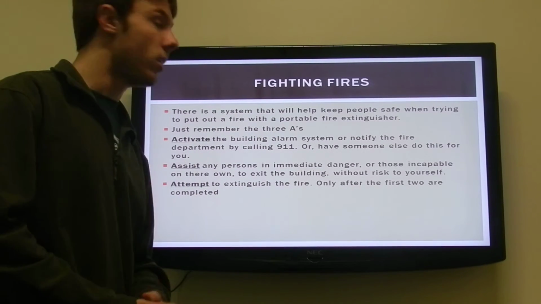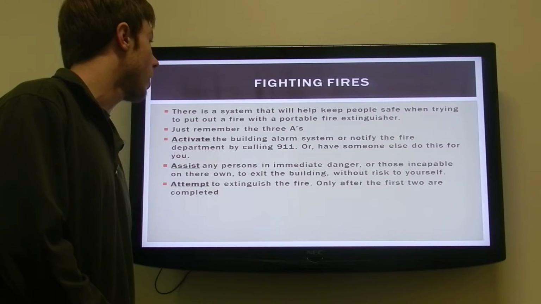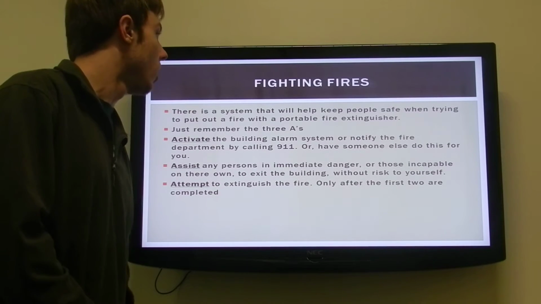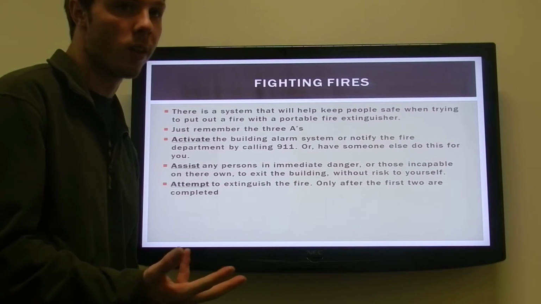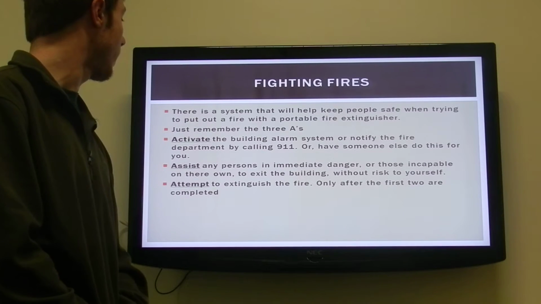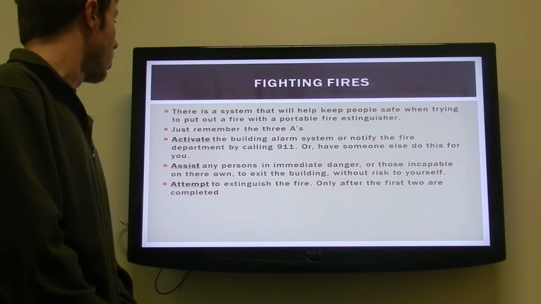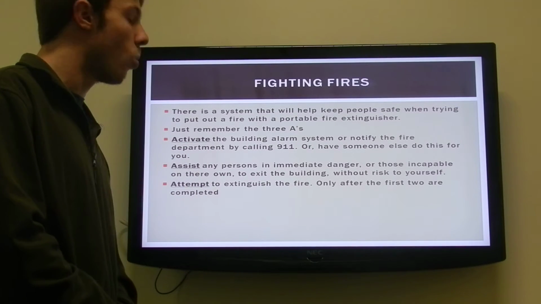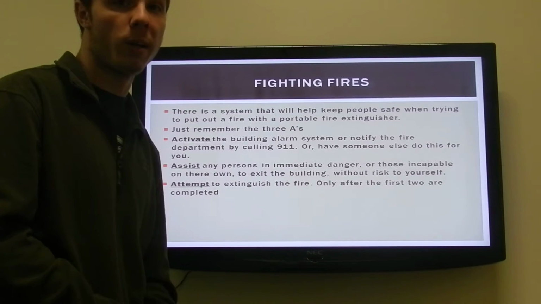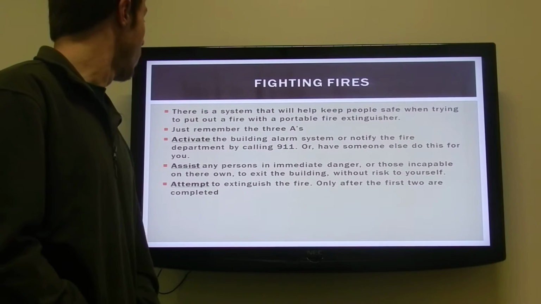Okay, so fighting fires. There's a system that will help keep people safe when trying to put out a fire with a portable fire extinguisher. Just remember the 3 A's, which are activate, assist, and attempt. Activate the building alarm system by pulling a pull station or calling 911 or having someone else call 911 for you.